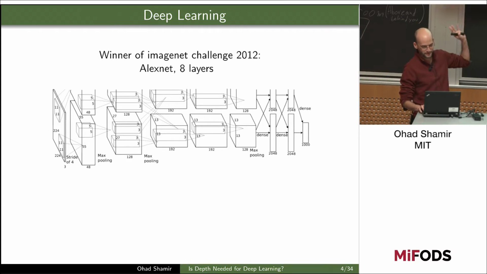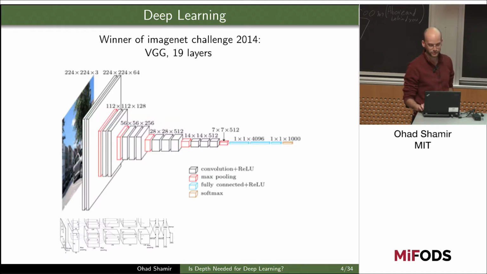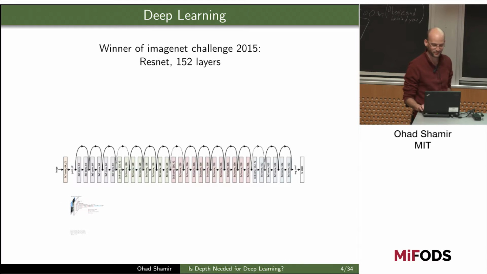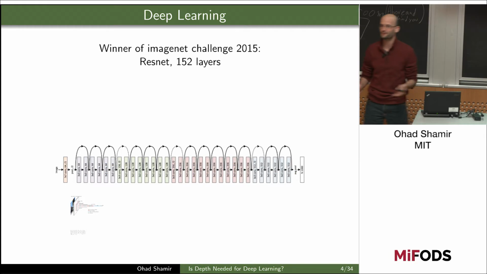So for example, maybe the network that started the deep learning craze back in 2012 was a network architecture called AlexNet, which was 8 layers, which won a tough image recognition challenge. 2 years later, the winner was already a 19-layer network. A year after that, we already went up to 152 layers, and nowadays you can see lots of papers about networks with even 1,000 layers or more.